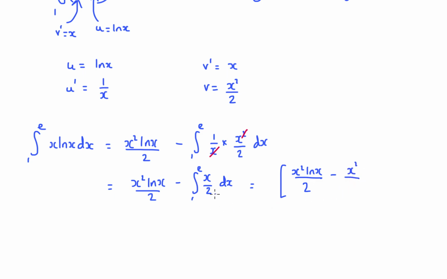So I'm dividing by 2, but there's already a 2 there being divided, so that's going to become a 4, between e and 1. Right, that's all done with the integration now. So next we're going to substitute the values in. We're going to have e squared times ln e, which we've already said is 1, so that's just going to be e squared over 2, minus e squared over 4.